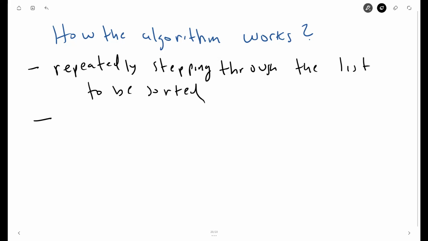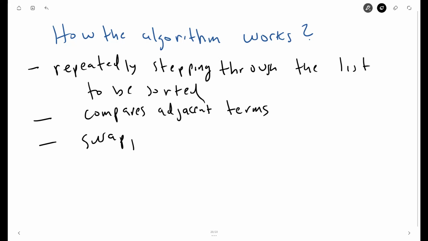So it compares adjacent terms, swapping them if in wrong order.